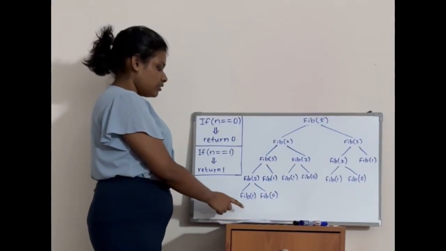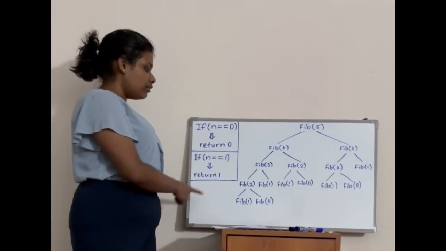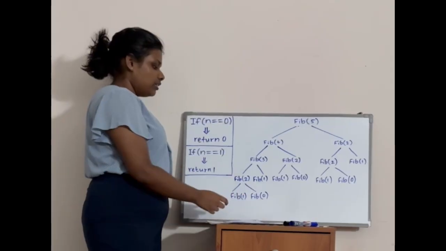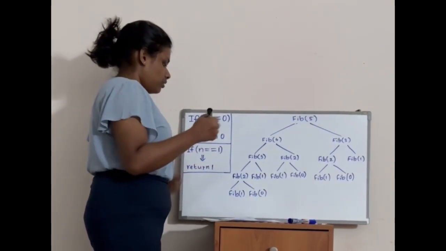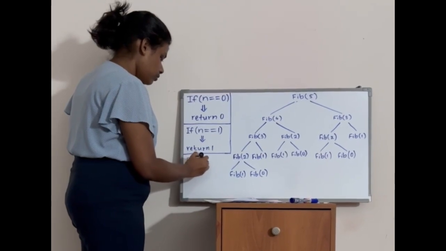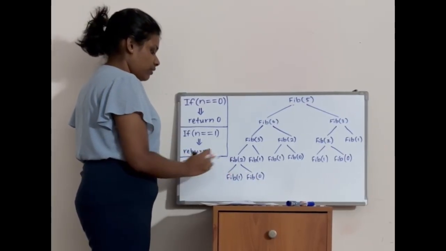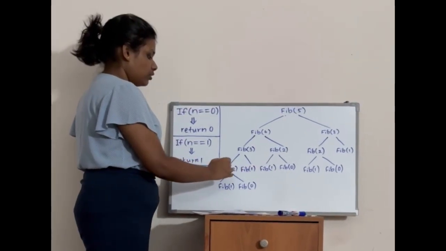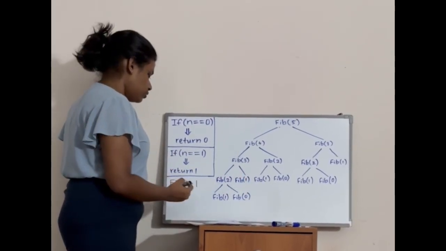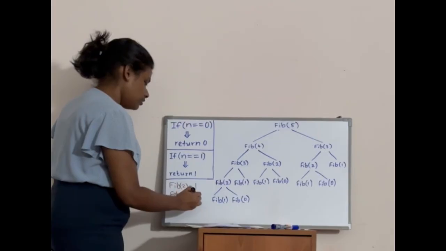Since we already know the answer to fib 1 and fib 0 because it is given in the base case, we can calculate fib 2 as 1 plus 0, and then the answer will be stored as fib 2 equals 1 because 1 plus 0 is 1, and then we can add fib 2 to fib 1 and get 1 plus 1 equals 2, and therefore fib 3 is 2.